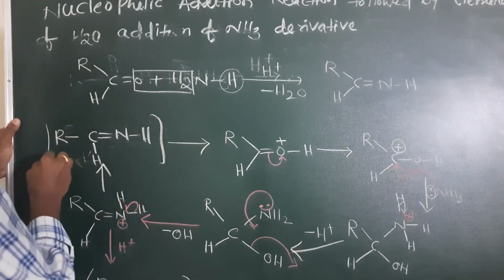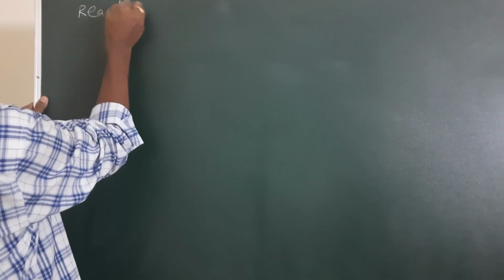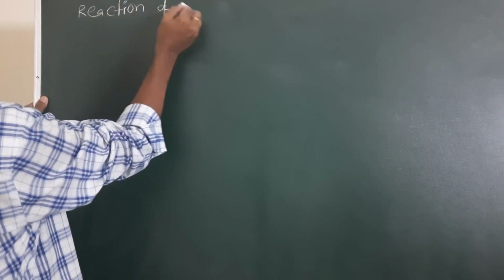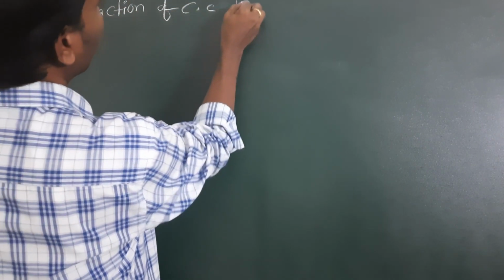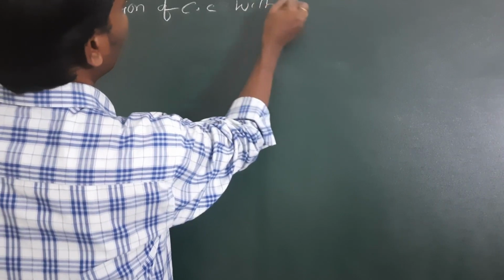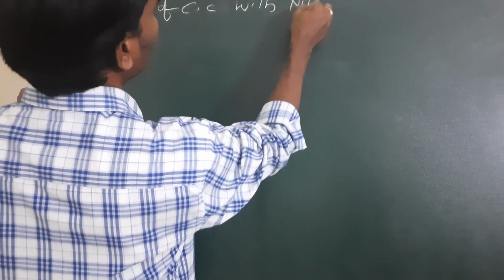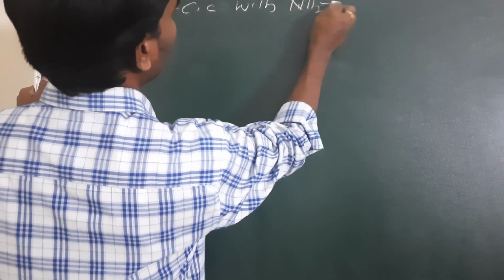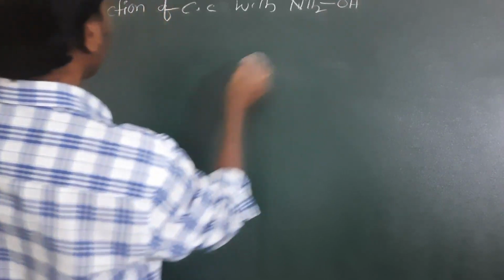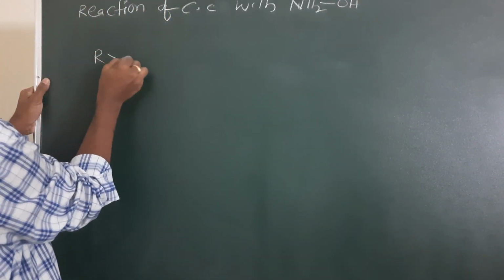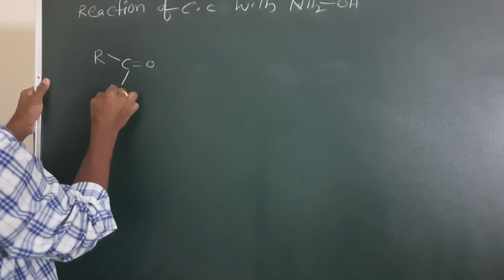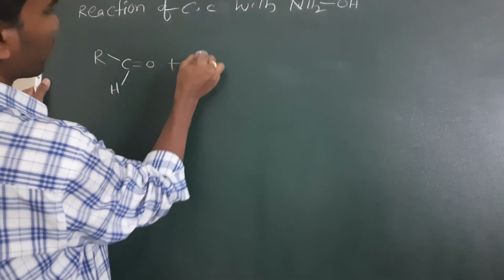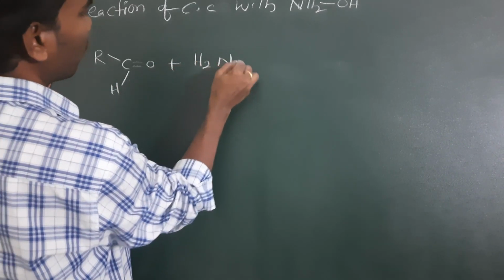This is the final product of the reaction of a carbonyl compound with hydroxylamine, NH2OH. You see here RC double bond OH plus hydroxylamine, H2N and OH.